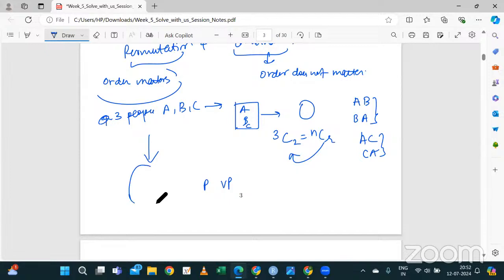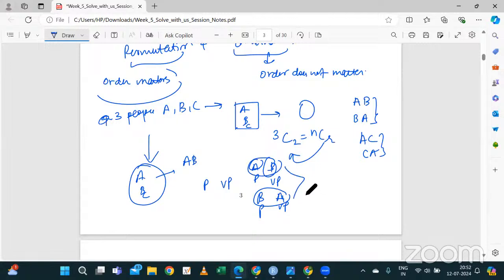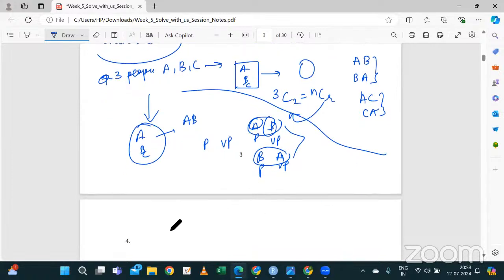Suppose you selected A and B. A is president and B is vice president, versus B is president and A is vice president. Are these two orders the same or different? Here order matters, right? So here I will use permutation, which is 3P2.